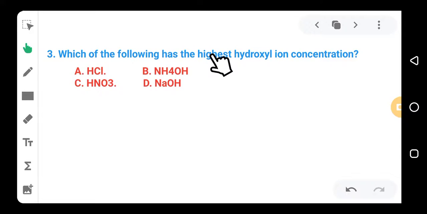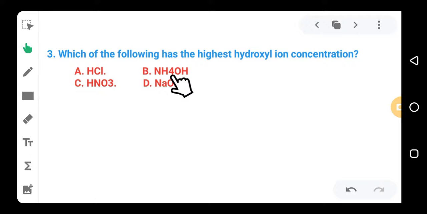Now, our work is to find out between this one and this one, which will give us higher hydroxyl ion concentration. Ammonium hydroxide is a weak base.